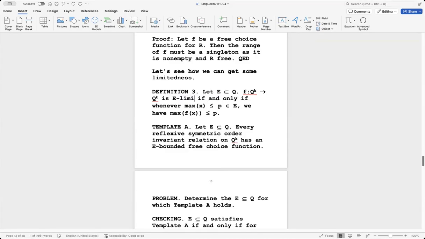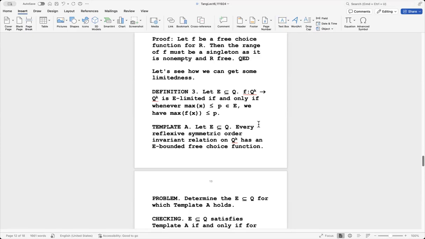E-limited if and only if whenever max of x is less than or equal to p in E, we have max of f of x less than or equal to p. You see what that means? E is a set of special points, and we have the limitedness with respect to those special points only.